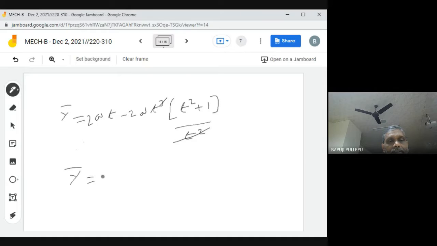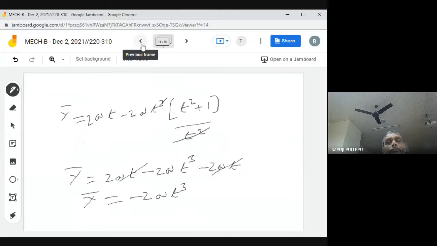Now y bar is equal to, tell me, 2at minus 2a t cube minus 2at. Are you agree? Yes, sir. Y bar is equal to minus 2a t cube.